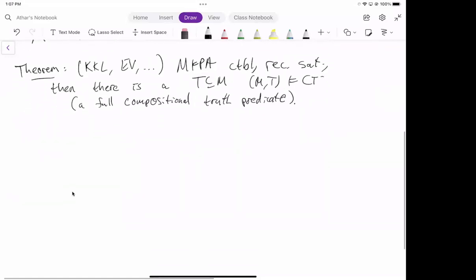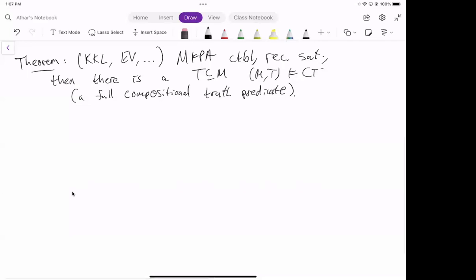This is the classic result about full satisfaction classes or truth predicates in countable recursively saturated models. So for today, we'll assume all of our models are models of PA and are countable and recursively saturated, and therefore expand to CT minus.